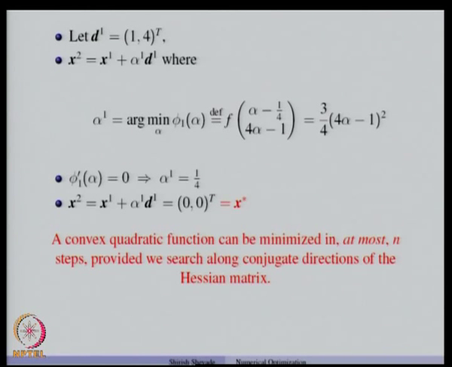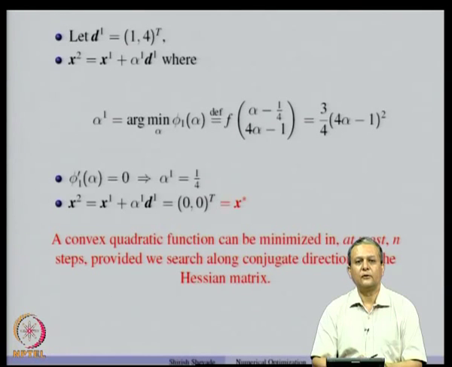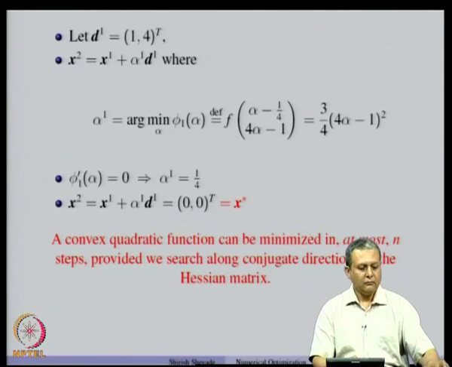If we have this information of conjugate directions for the Hessian matrix, then if we do the search along those conjugate directions, then in at the most n steps we will reach the solution of a convex quadratic function.